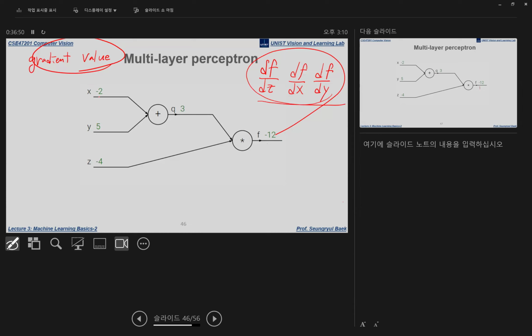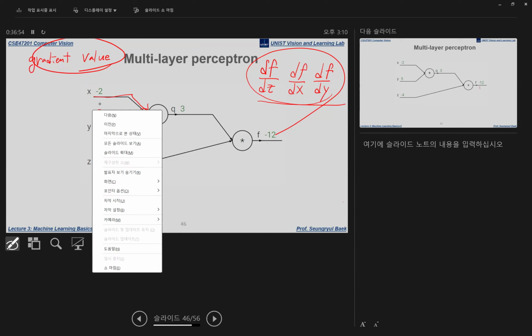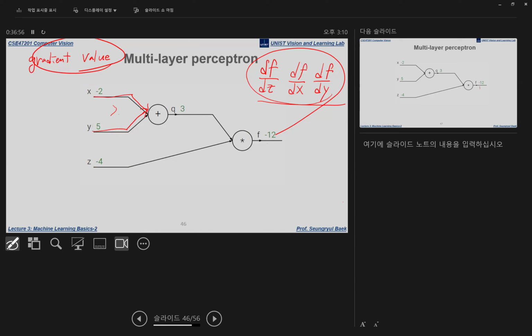First, there are some forward functions that go in this direction: how the final f is represented by these initial variables. We can define that forward function like this. For example, the intermediate node q, the output of this operator, can be like this.